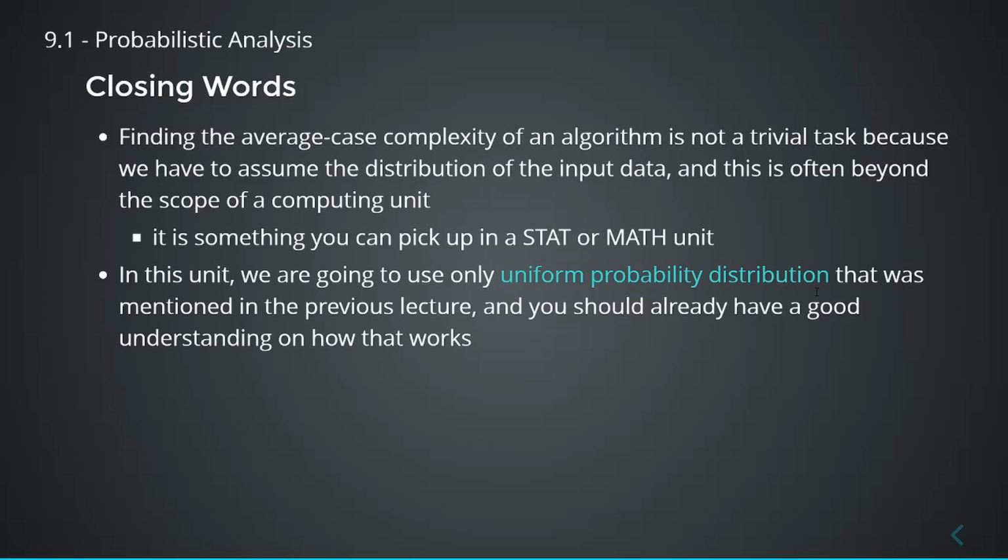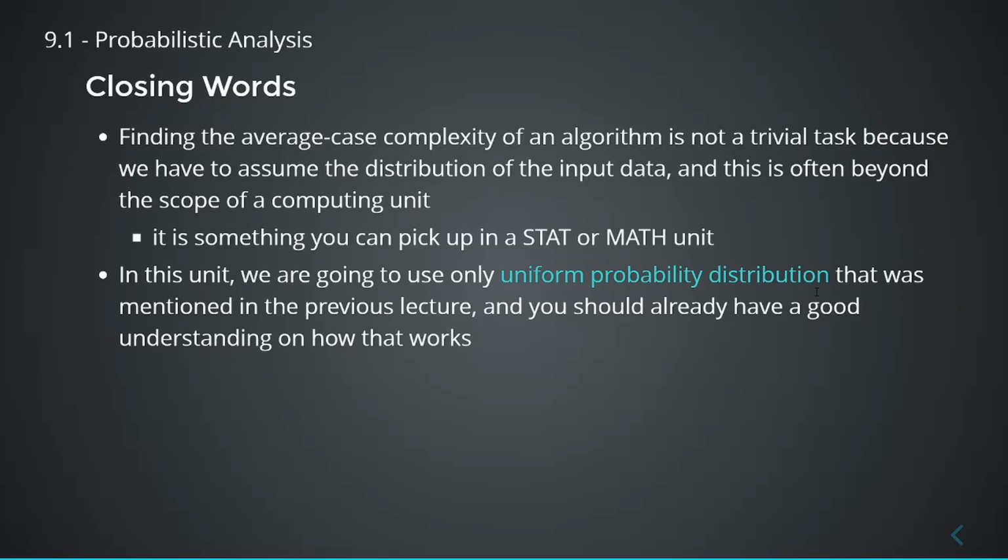But if you want to know more, you can just go look at CLRS. Just look up the index, average case analysis. Go to that page, and you'll see how complicated it gets. They have one on the average case complexity of quicksort, and that's pretty hard. We'll talk about that in the next lecture as well.